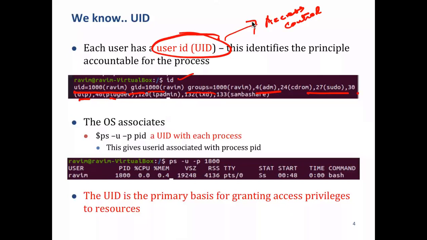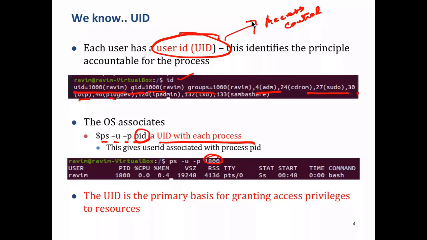All right. So with each process, whenever a process is created, a user ID is associated. And when a process creates a sub-process, again a user ID is associated with that. So you can see, if you have a process running, for example, in my VM, one of the processes running is 1800. You can find out what processes are running on your laptop, and you say ps -u -p PID, which is the process ID.